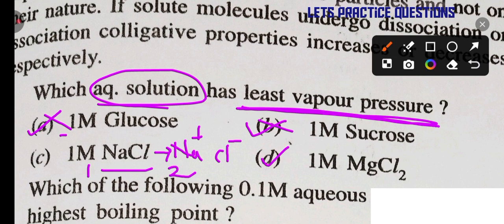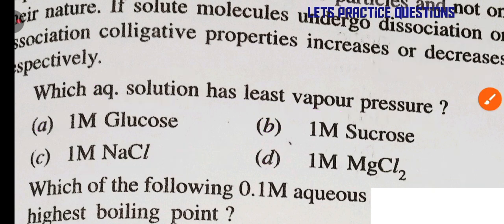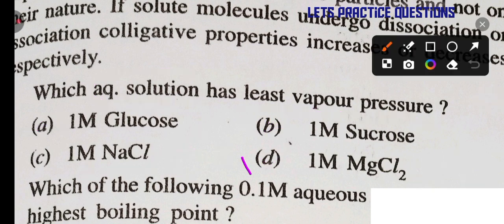In option D, when 1 mole of MgCl2 dissociates, it will form 1 mole of Mg2 plus and 2 Cl minus. Here the number of particles will be 1 plus 2 equal to 3. Here we got the answer. In option D, the highest number of particles will be present. That's why option D will be the correct answer.